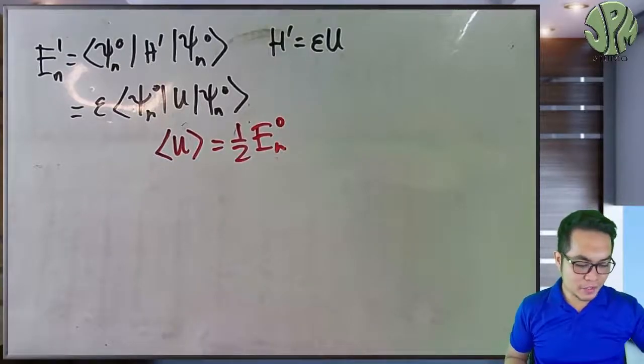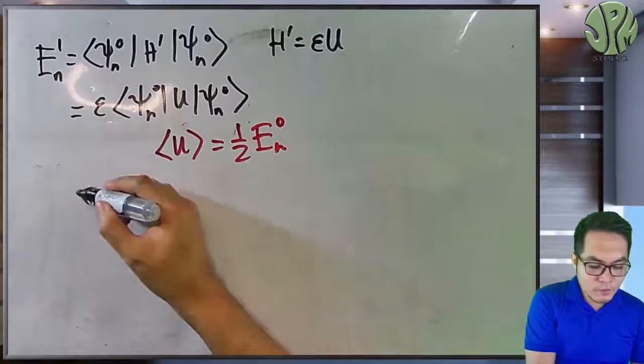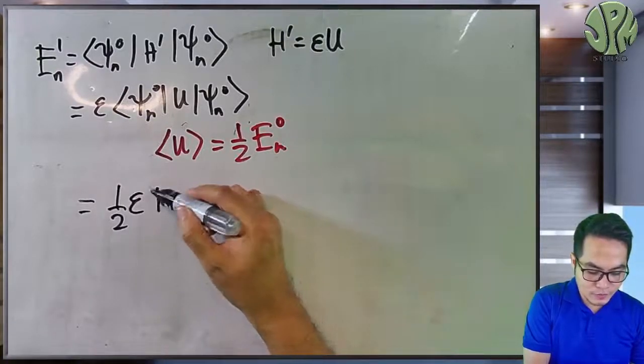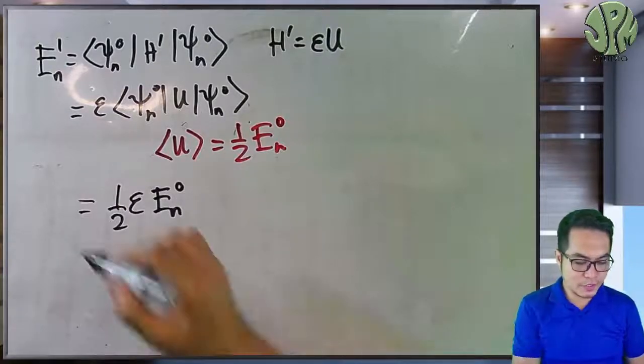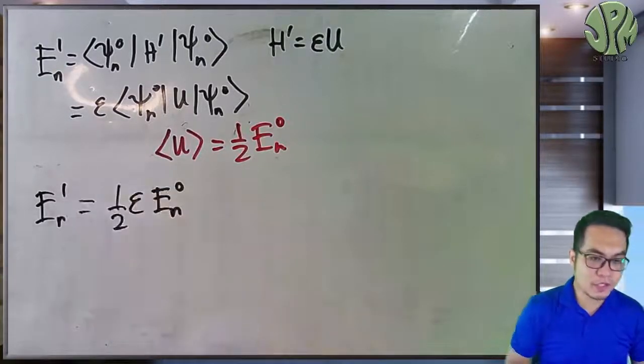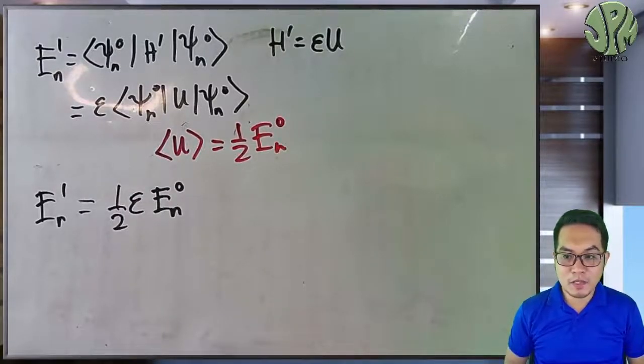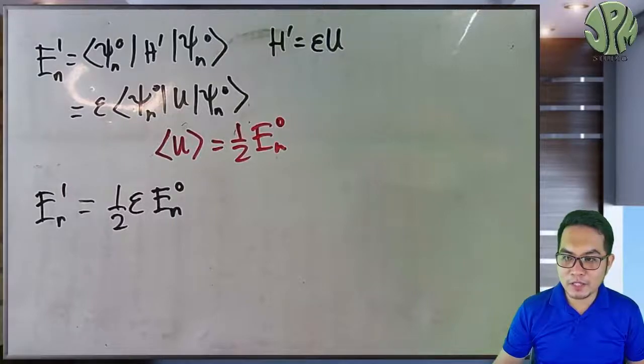We already have answered this before. So basically, this is just 1/2 epsilon En0. So this is the first order correction in energy: 1/2 epsilon En0, where En0 is (n plus 1/2) h bar omega.